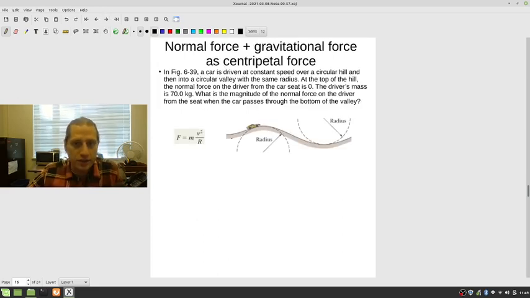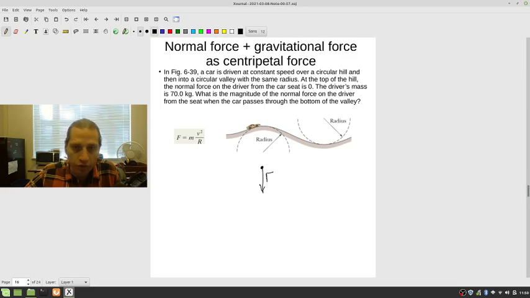To give you a nice example of this, here's an example from one of your homework sets. I think I might have done this in a previous video, but it doesn't hurt you to see it again. In this problem, you have a car driving at a constant speed over a circular hill and then in a circular valley, and they have the same radius r. At the top of the hill, the normal force on the driver from the car seat is 0.